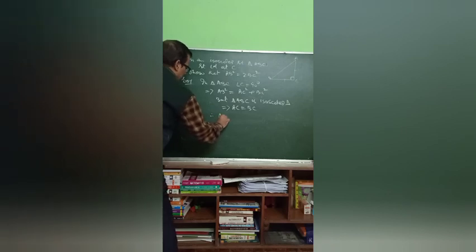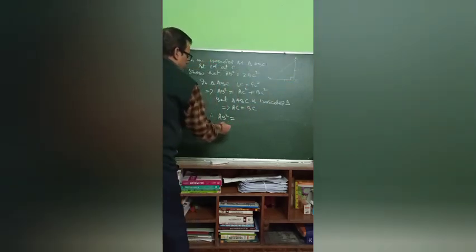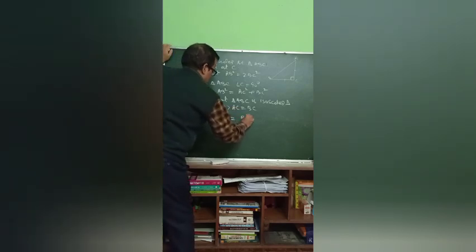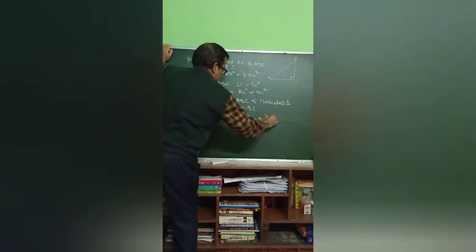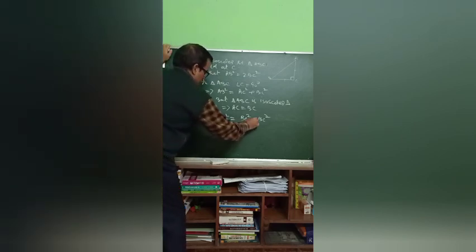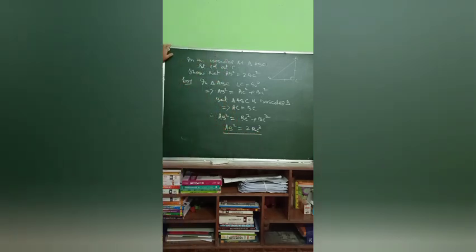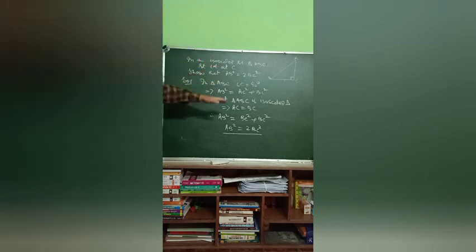Therefore, AB square is equal to, instead of AC, I will write BC, BC square plus BC square. So, AB square is twice of BC square, hence proved. So, this is what we have to do on the basis of Pythagoras theorem.